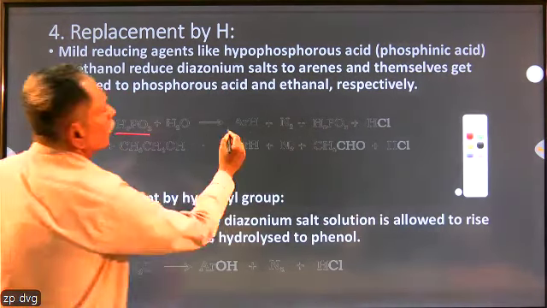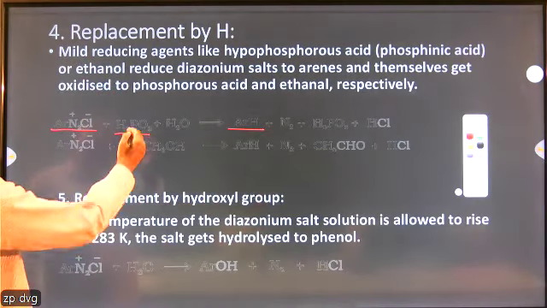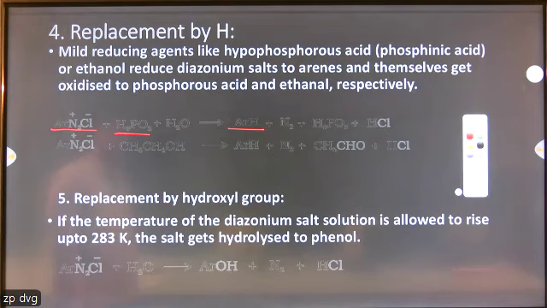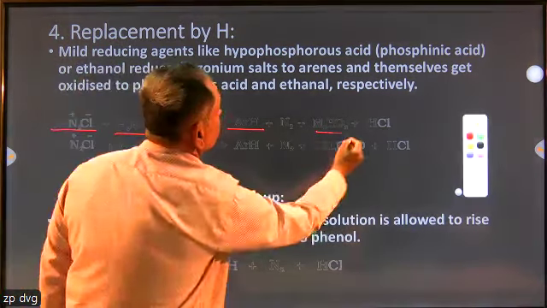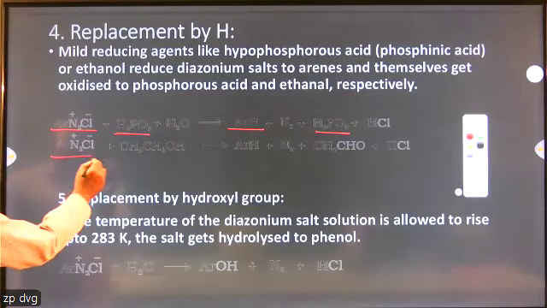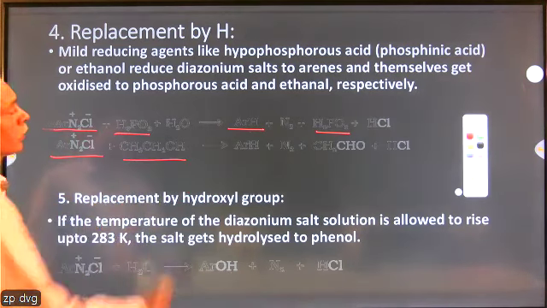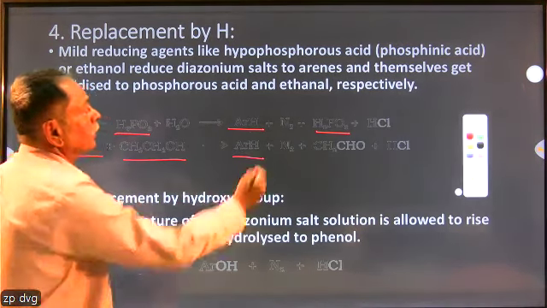In that case, you get arenes, and hypophosphorous acid itself gets oxidized to phosphorous acid. Similarly, when diazonium salts are treated with alcohols, again you get arenes.